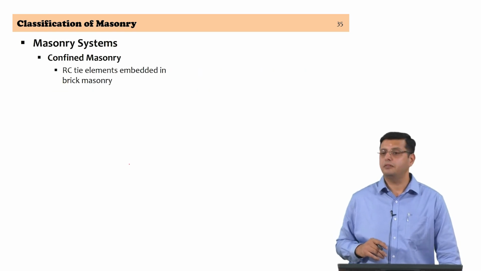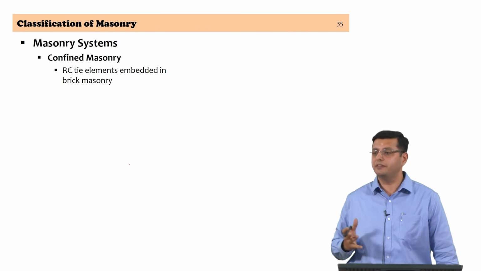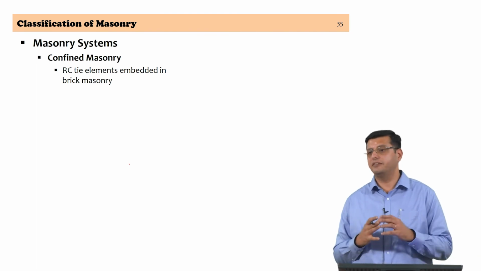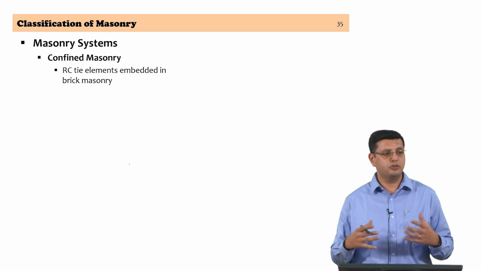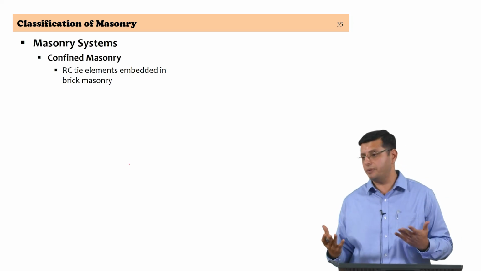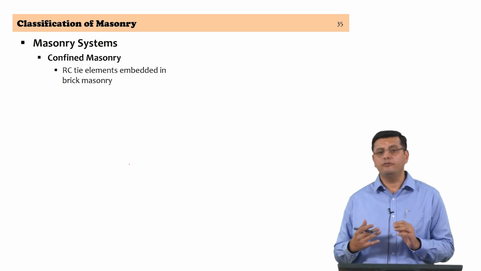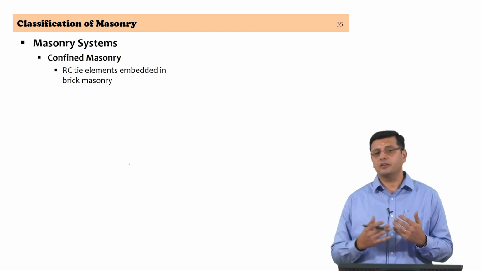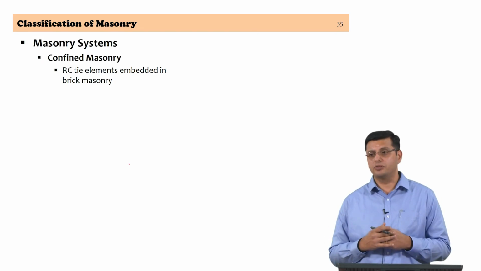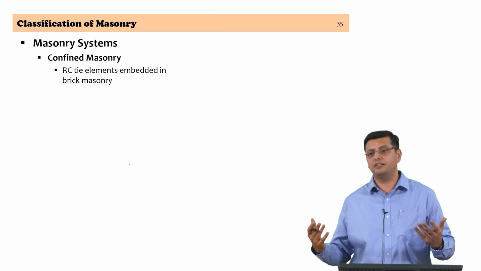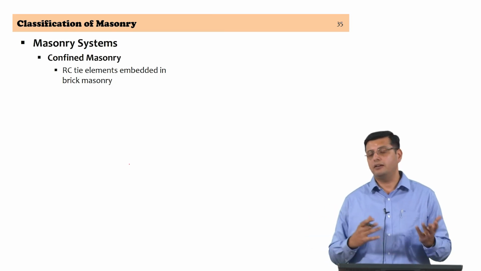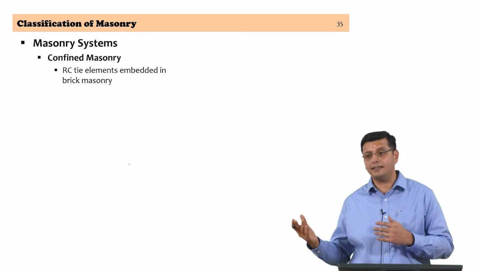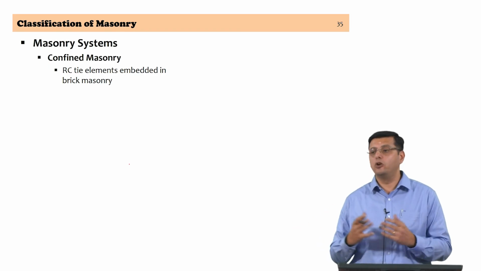Another way in which you can achieve confinement, here it is referred to as confined masonry because you intend to provide confinement to the masonry wall. If you do not provide confinement to the masonry wall, it is brittle under the action of lateral forces. It would not have the deformation capacity for good lateral load resistance. It will crack and fail with very low ductility.